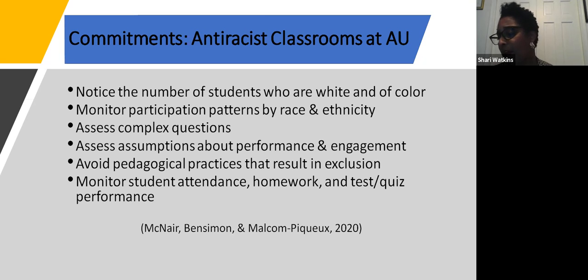And we need to monitor our student attendance, homework, and test and quiz performance by race and ethnicity to identify patterns that can provide insights into the experiences of our students.